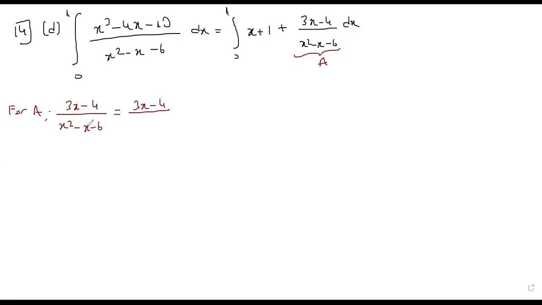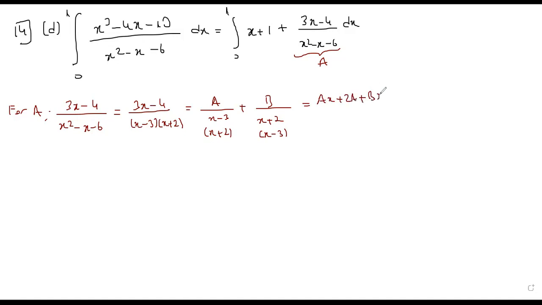So you see this one is equal to x minus 3 times x plus 2, right? So we can write it then as a over x minus 3 plus b over x plus 2, okay? Then you multiply this by x plus 2 and you multiply this by x minus 3, you will get ax plus 2a plus bx minus 3b over the same denominator.